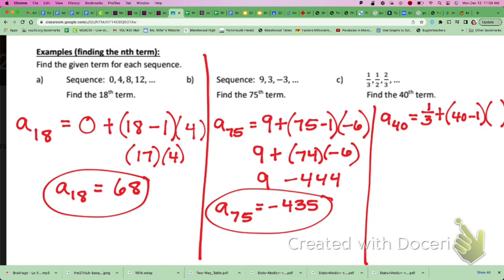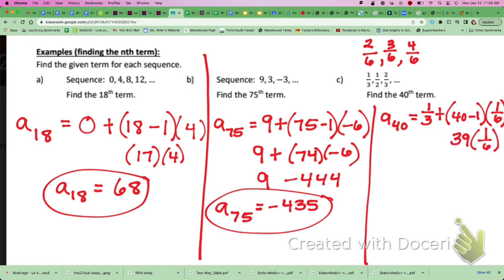What will be a common denominator of 3 and 2? 6. So 1/3 would be the same as 2 over 6. 1/2 would be the same as 3 over 6. Then this would be 4 over 6. So now it's a little bit easier to see. We're adding a 6th each time. So my common difference would be 1/6.